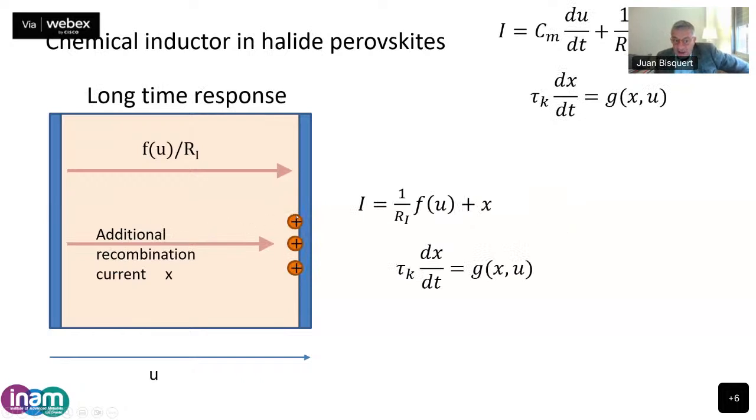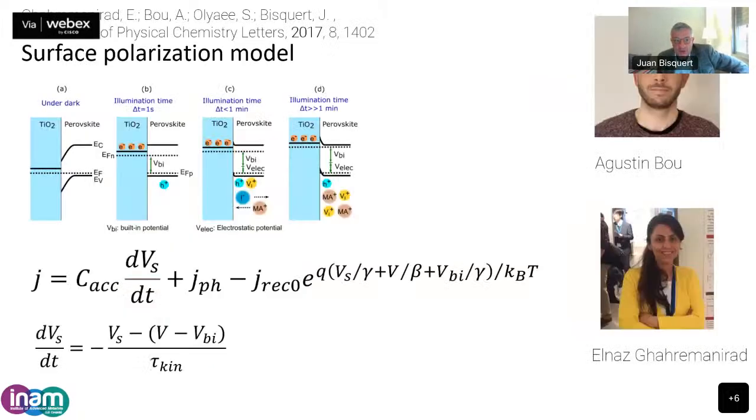At longer times, they do get to the interface and they create additional recombination. So this is more current, and this is the characteristic of the inverted hysteresis of the inductor, that the total resistance is decreasing over time, and this is not good for solar cells because it means that you have more recombination. So we have made different models over time, like this surface polarization model, and the mechanism is the same.